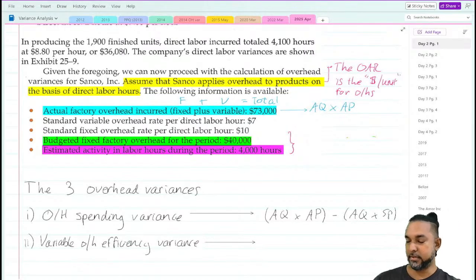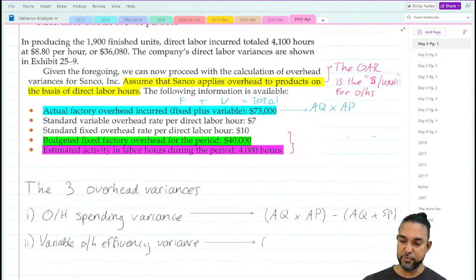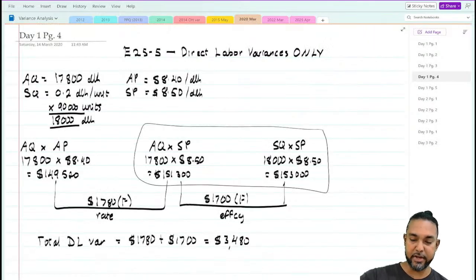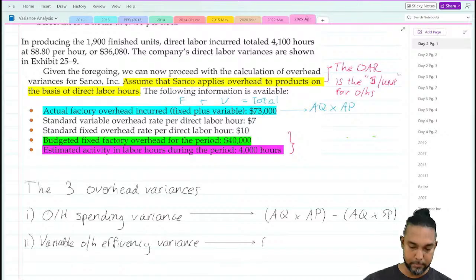Right, so this one is kind of like actual quantity. Because it's the rate or efficiency variance, this would kind of occupy the middle and right components, right? So this one will be like the actual quantity.